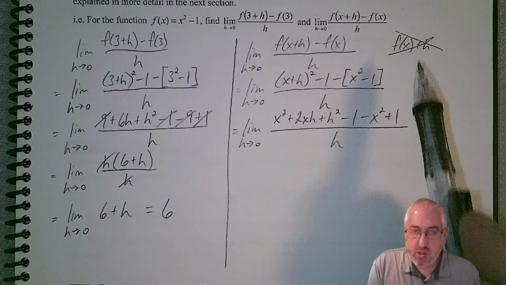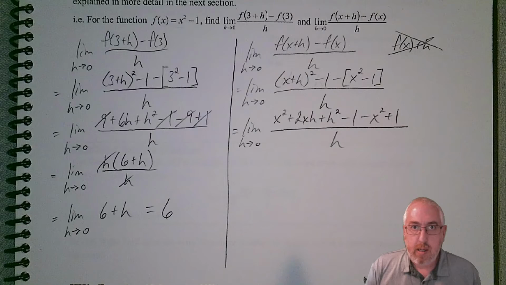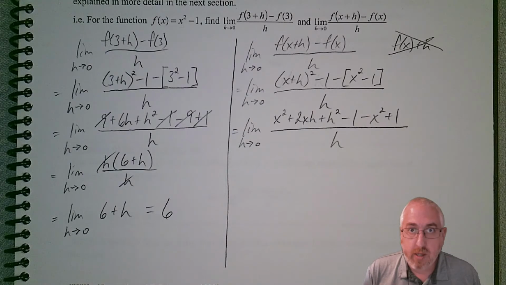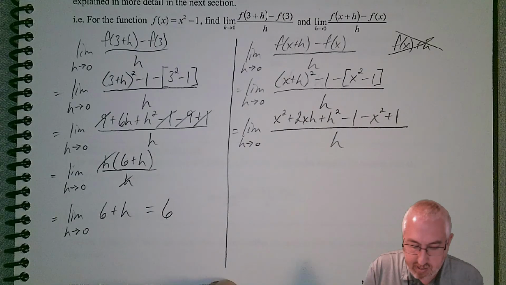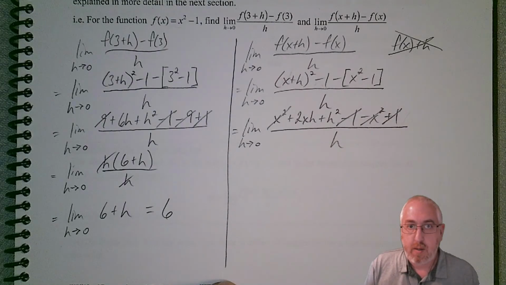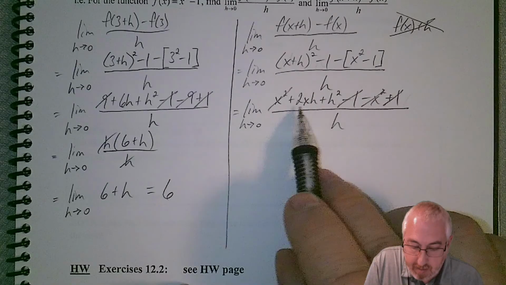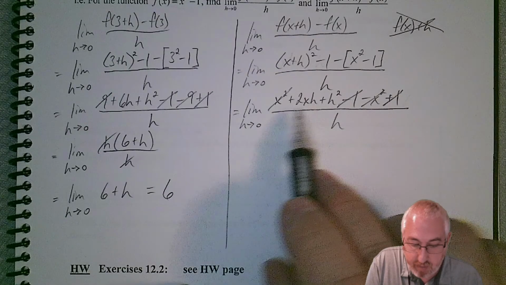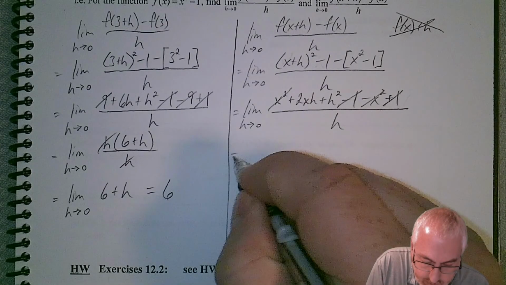These types of difference quotients should always have lots of cancellations. Specifically, your original function should always cancel out. If you do all of the brackets and parentheses correctly, it should cancel out. So you can see the x squareds are going to cancel and the 1s are going to cancel. It should always happen that way if you do it correctly. So same idea as the previous one. We can see that there is an h left over in the two terms that are left, so we can factor that out.